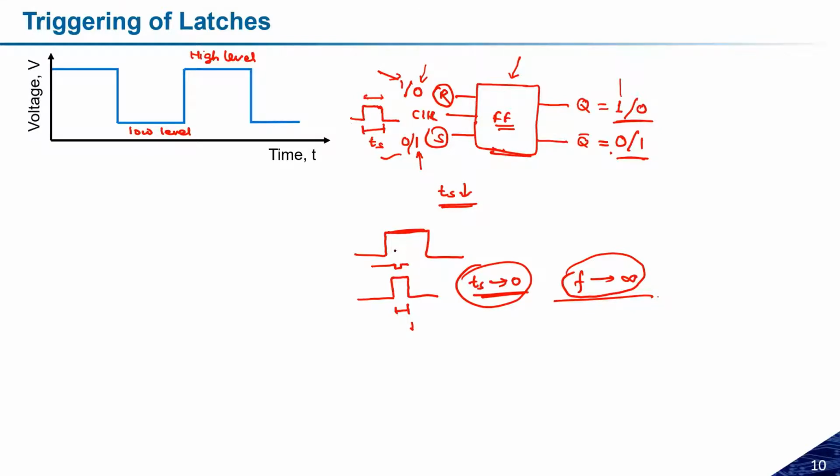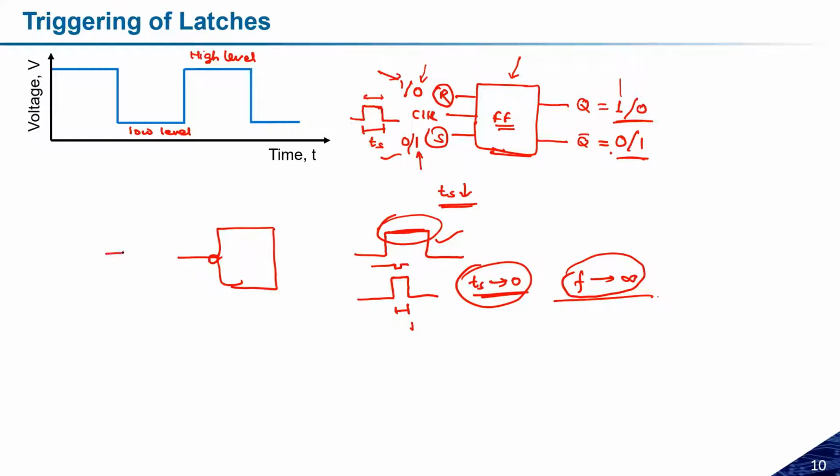Level triggered means if the clock pulse is at logic high, we can call it the positive level trigger, because the high clock pulse is utilized to activate these things. There is another kind of level triggering. Suppose I have a flip-flop and a clock pulse but with a bubble. The bubble indicates inverted logic.